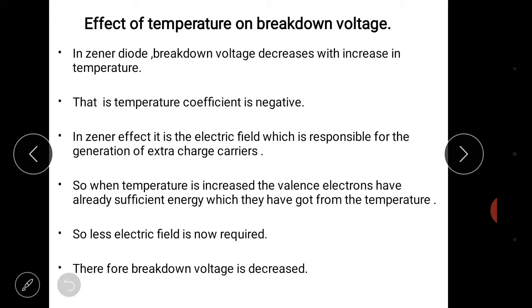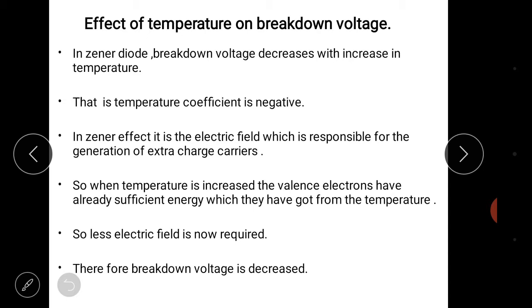Now let us investigate the effect of temperature on breakdown voltages of Zener and avalanche breakdown mechanism. In Zener diode, breakdown voltage decreases with increase in temperature. That is, temperature coefficient is negative in case of Zener breakdown.